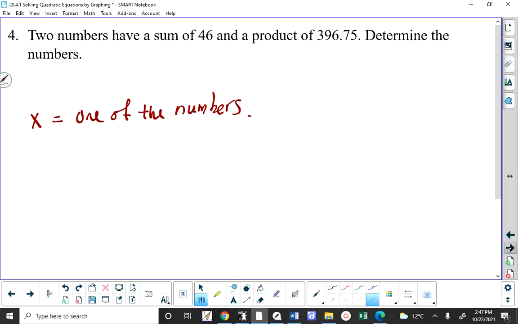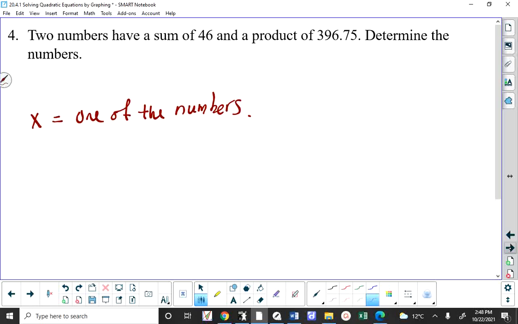When we solved word problems in the last unit, we could use two variables because we were talking about functions which had x and y. We're talking about an equation here, so we don't have two variables. We have only one. If one of the numbers is x, then what can we call the other number?